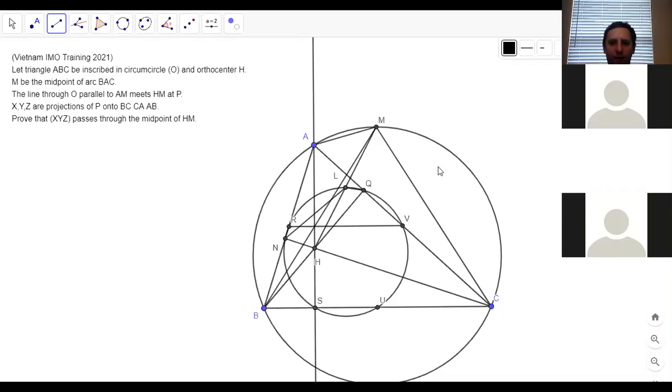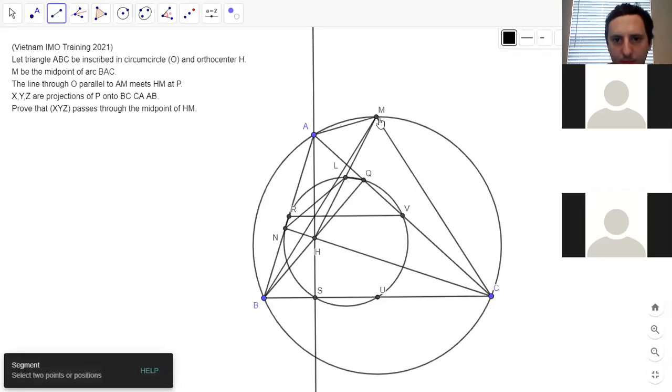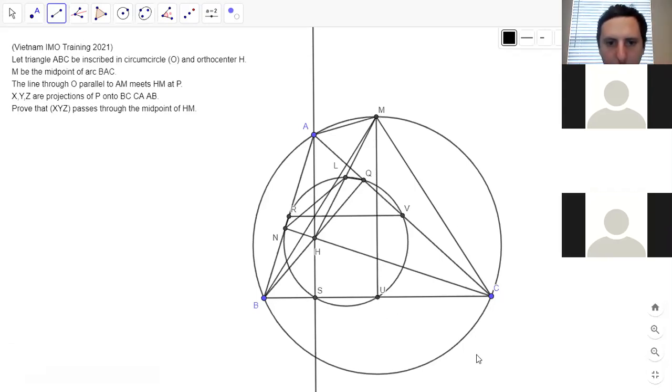That's true because L is the midpoint of HM, noticing that MUSH is a trapezoid with HS perpendicular to BC.